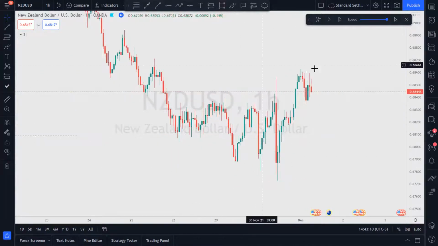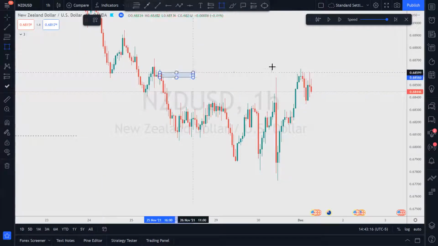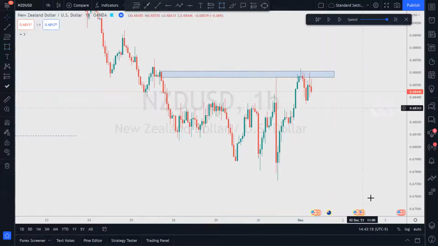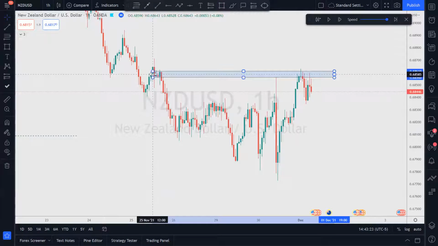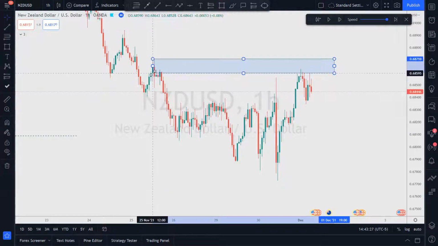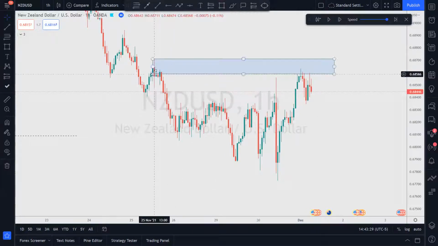So what made price turn here? Let's mark that. It's that simple. I'm going to keep this simple. This is actually a reaction to this one. So this is the one that we want to take. This is the originating order block that impulse price passed these lows and caused price to turn around here.